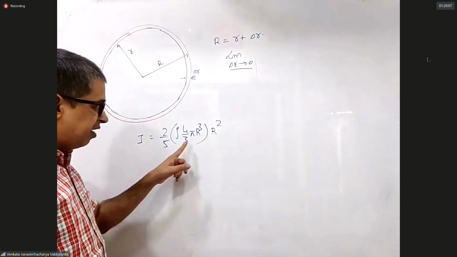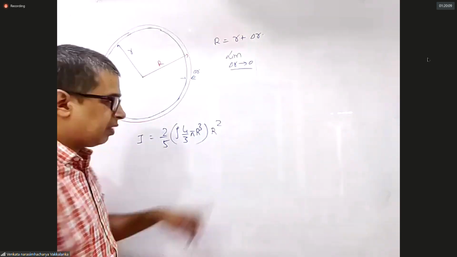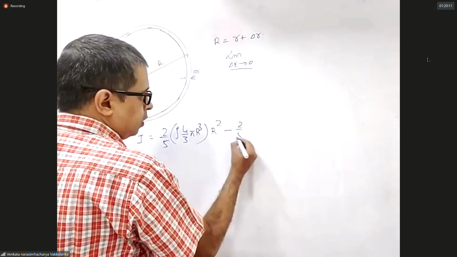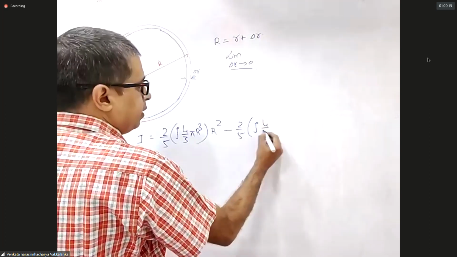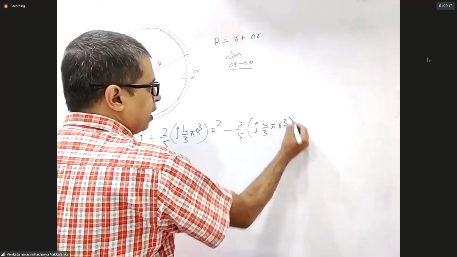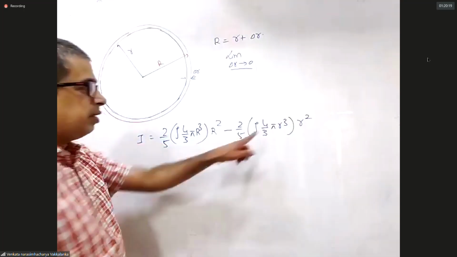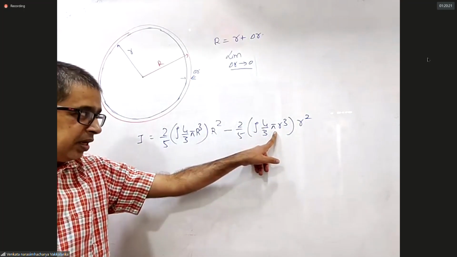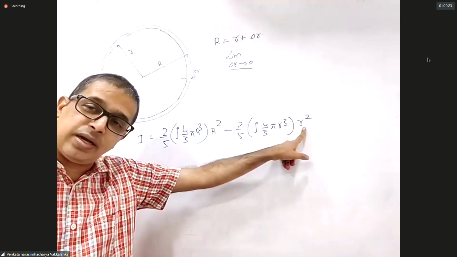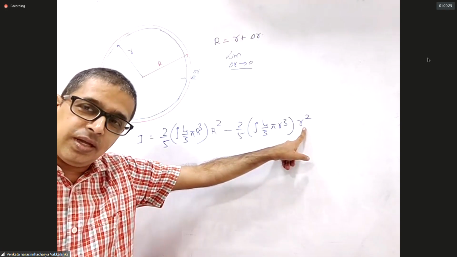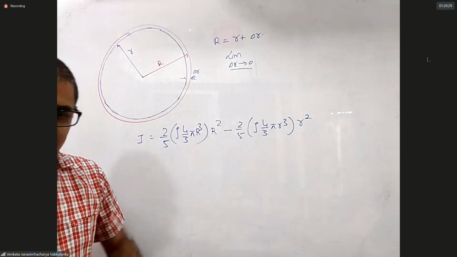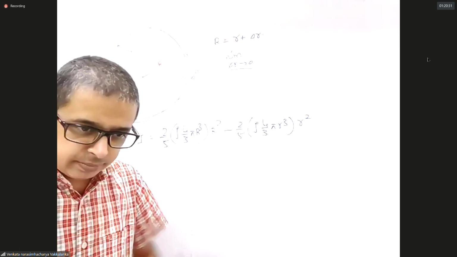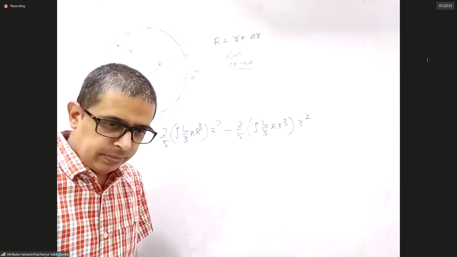Solid sphere, 2 by 5 Mr square. Minus the inner solid sphere, 2 by 5 rho into 4 by 3 pi r cube into r square, the mass of the inner sphere and the radius of the inner sphere. Agreed? Yes, sir. So far, so good.